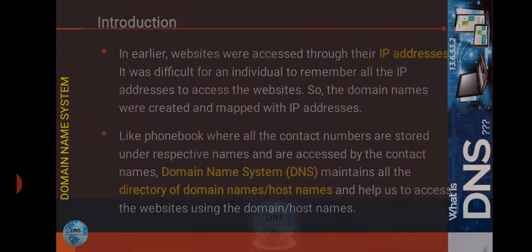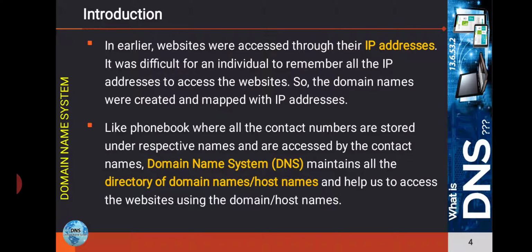So in earlier days, for accessing websites we used the IP address, but the IP address was in the form of a long number, and it was difficult to remember. So what they did was create the domain name to map the domain name with the IP address.